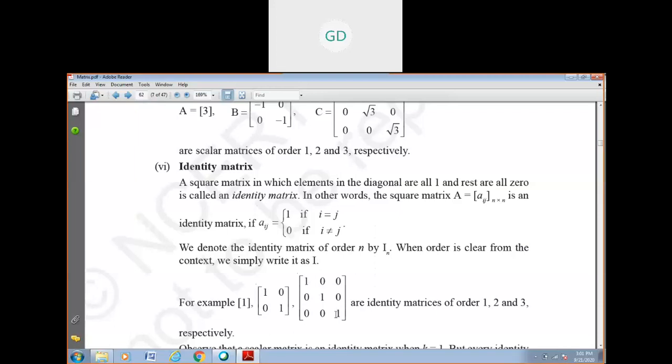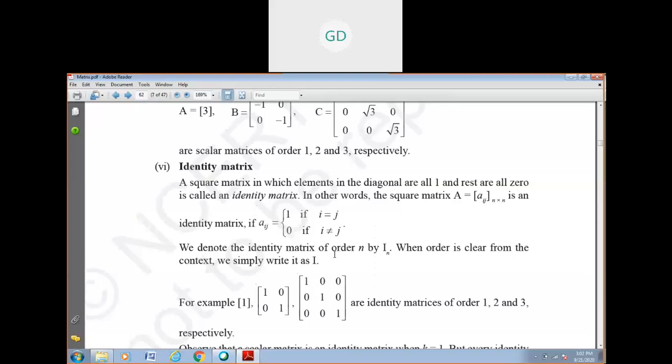So it is a scalar matrix, constant, so it is a scalar matrix. But since it is 1, it is an identity matrix. Actually, a scalar matrix is directly an identity matrix simply if the diagonal elements are 1. This is the identity matrix of order 3, this is the identity matrix of order 2, and this is of order 1.